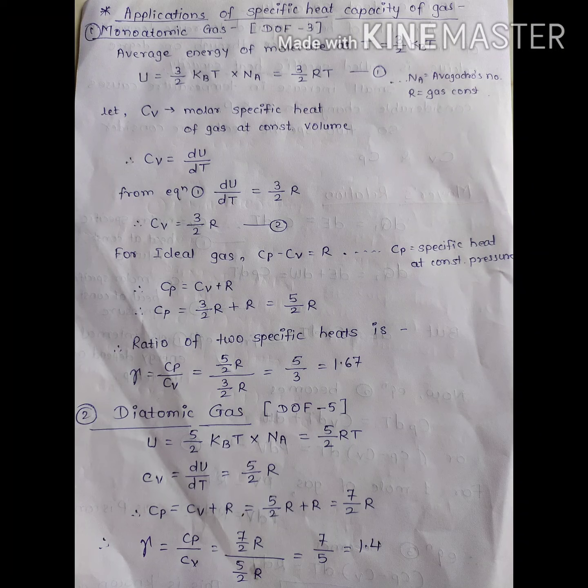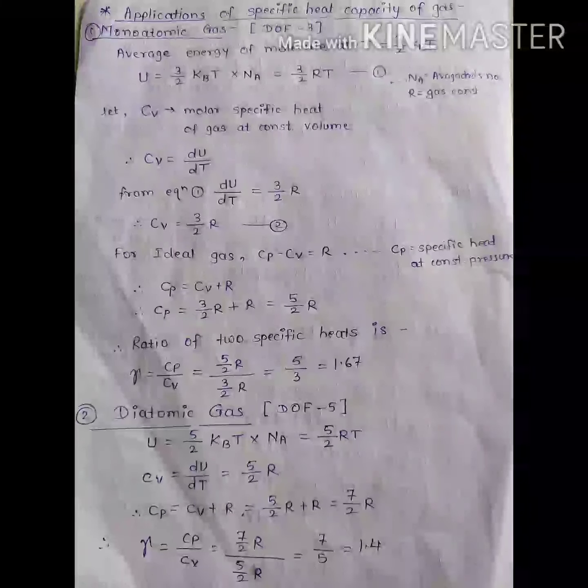Which are they? Translational energy, rotational energy, and if the temperature is high and atoms are not rigid, then vibrational energy. So here we only consider the rigid diatomic molecule. Therefore Cv = dU/dT = 5/2 R.